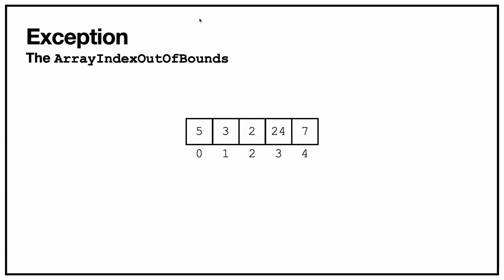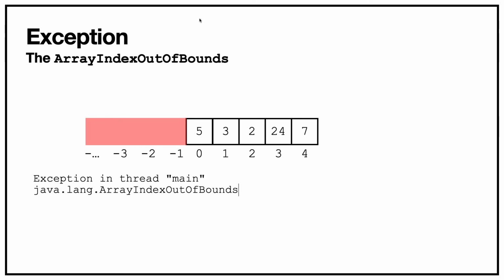For example, suppose that we want to access negative values in the array. This will give you something called java.lang.ArrayIndexOutOfBoundsException: index minus 1, or another negative value, is out of bounds for length 5. This is to specify that there are only indices from 0 to 4 to access the values from this array.